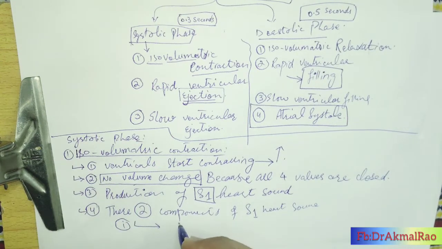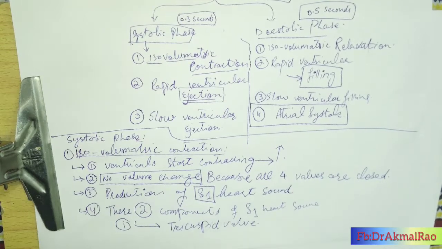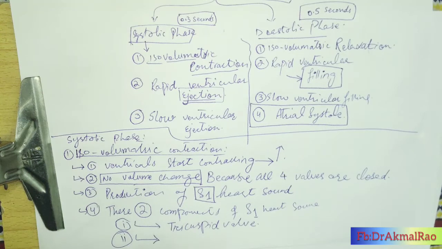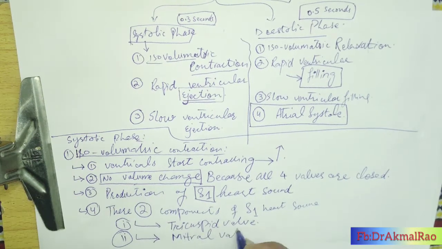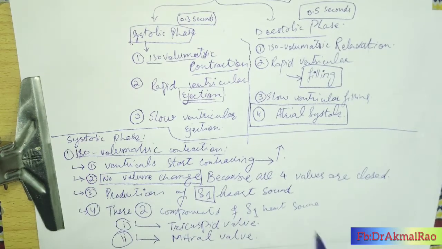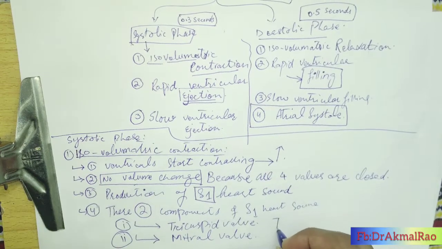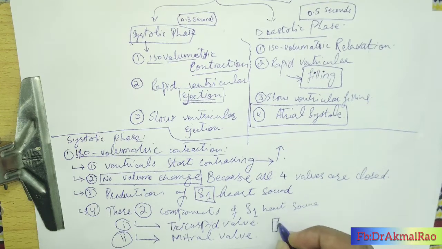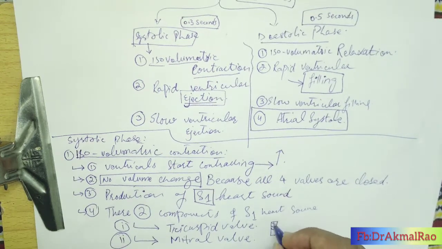The first one is the sound produced by the closure of the tricuspid valve, and the second part of the S1 sound was produced with the closure of the mitral valve. Remember one thing, always the sound will be produced with the closure of valves, not with the opening.